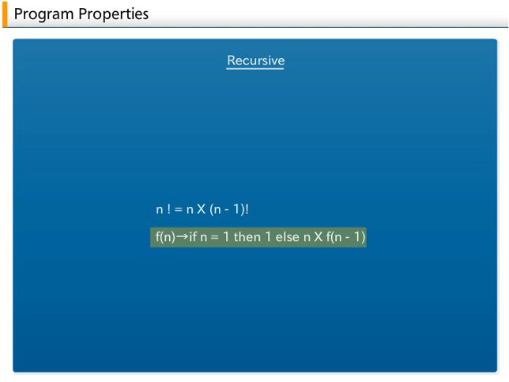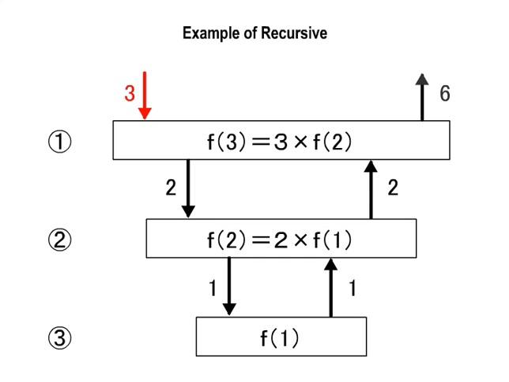Let us look at this program's operation for n equals 3. 1. If n equals 3, then 3 times function of 2. 2. If n equals 2, then 2 times function of 1. 3.